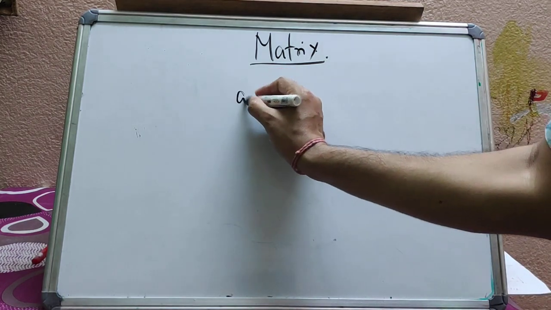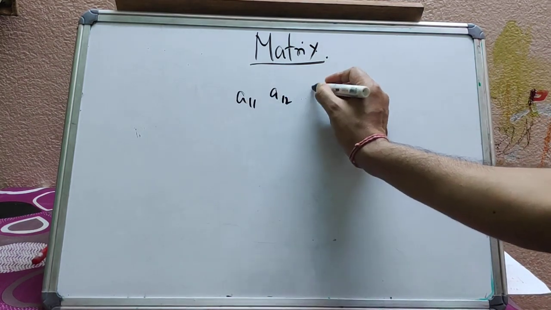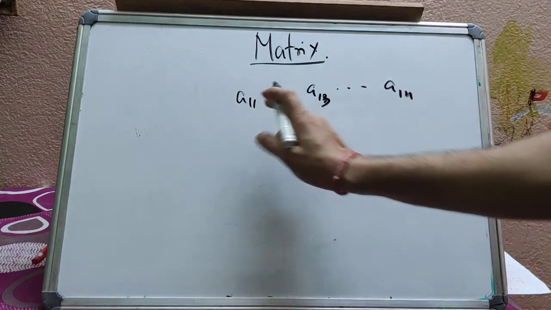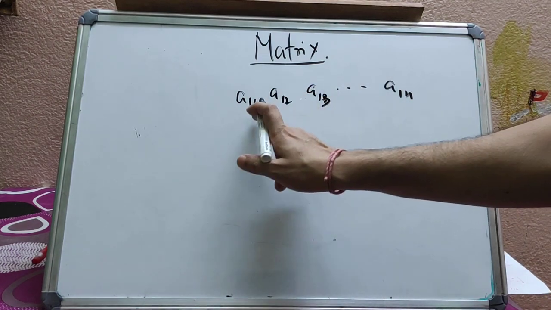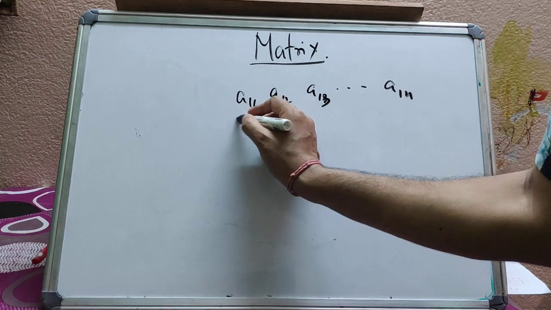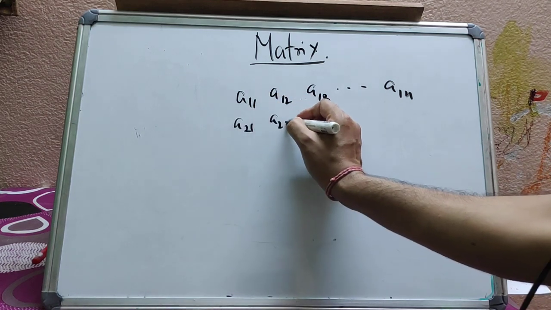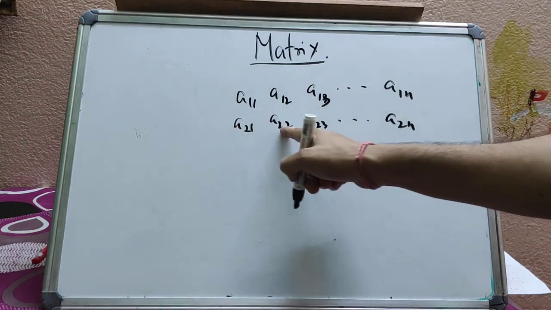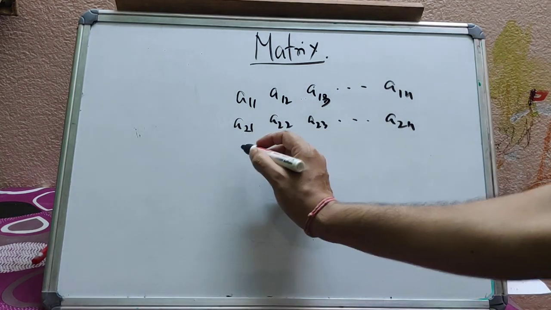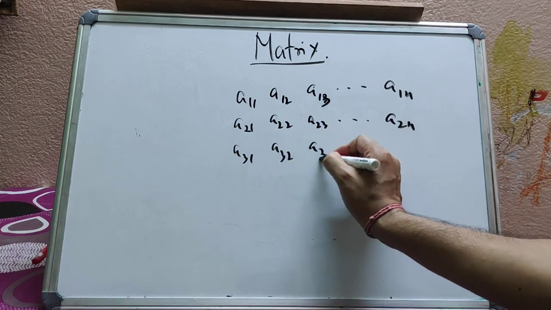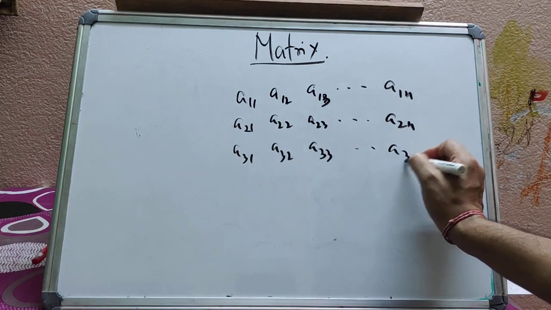Suppose a11, a12, a13 up to a1n. The indices 1, 2, 3 show that there are n number of elements there. Now a21, a22, a23 up to a2n. Here also n number of elements. a31, a32, a33 up to a3n.